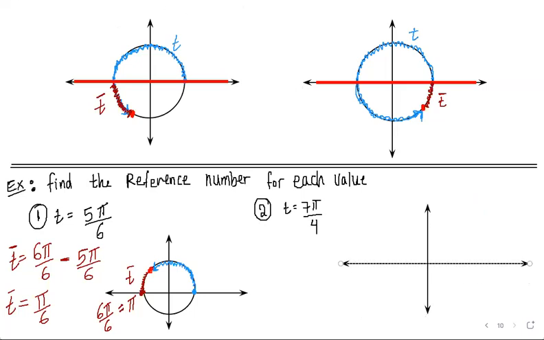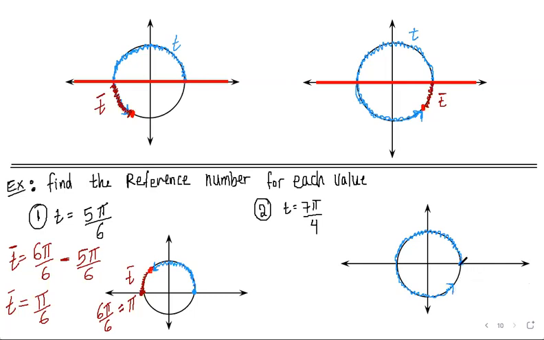Here's my unit circle. We move around this unit circle 7 pi over 4, like this, starting from this point, up to here.